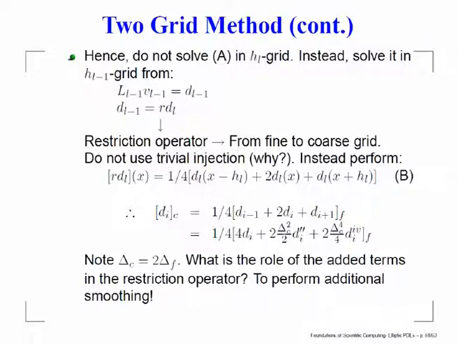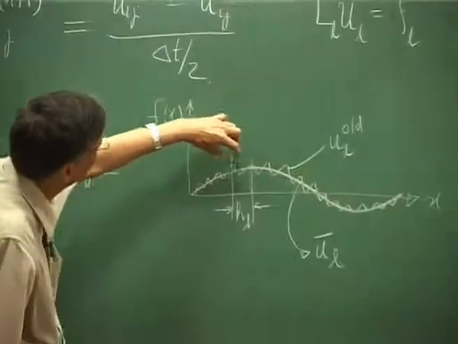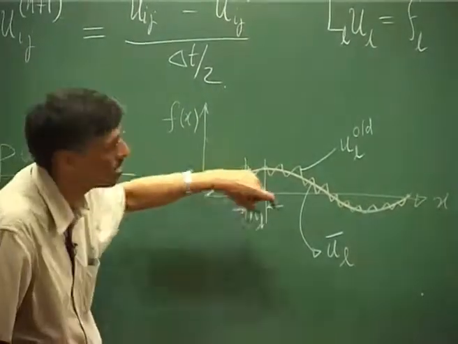Now, if it is already smooth and we are already in the fine grid, doing anything more is not going to help me. What I could do instead is go over to a coarser grid. See, this kind of smoothing at this scale corresponds to what? HL. See, in that figure we showed the right extreme points. Those are the maximum wave numbers which we could handle given this grid size.